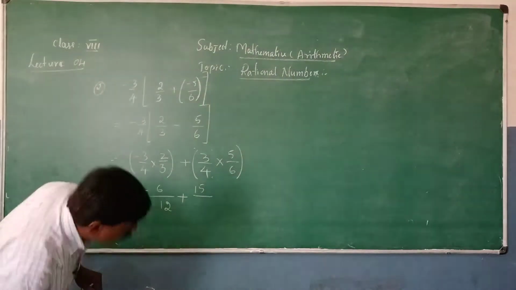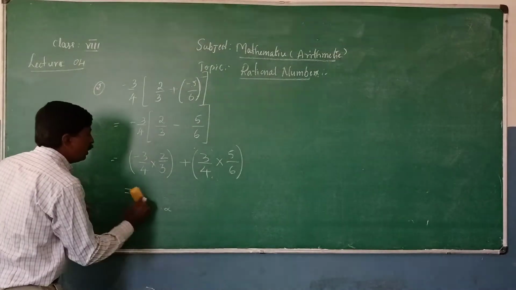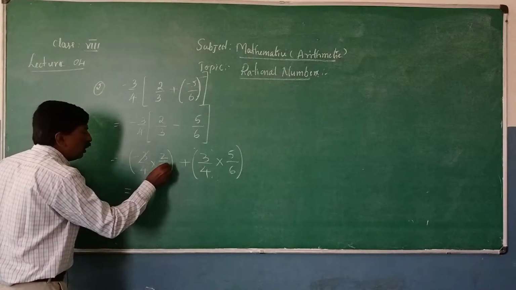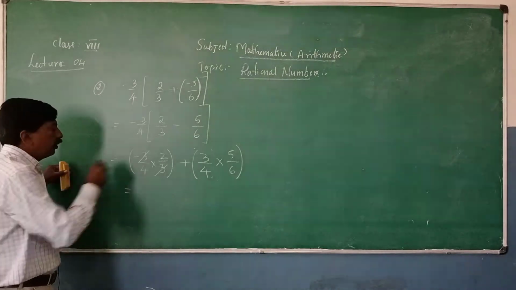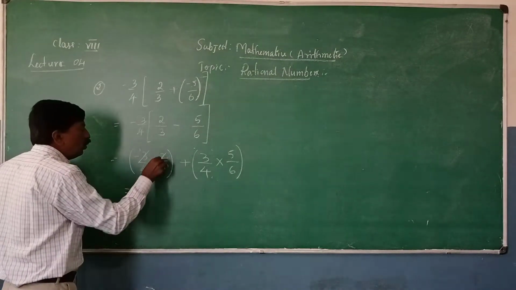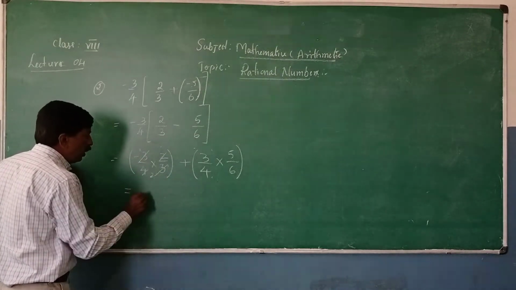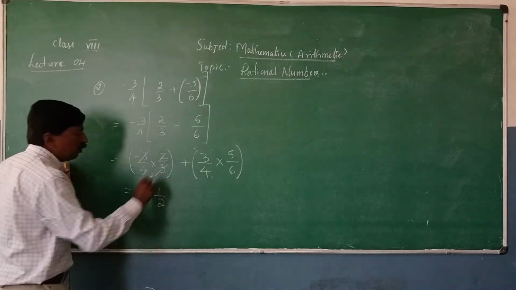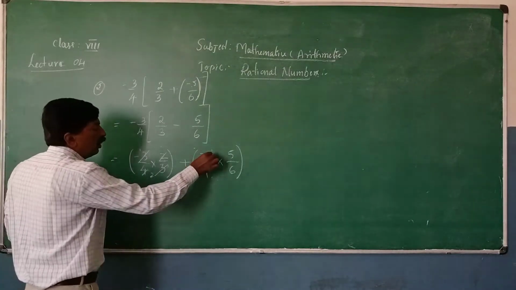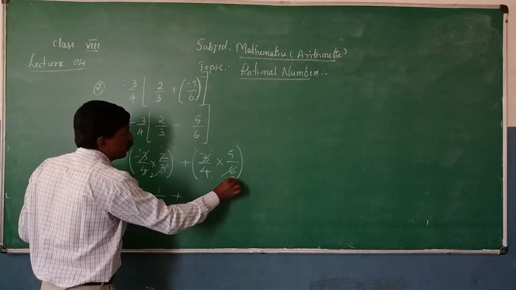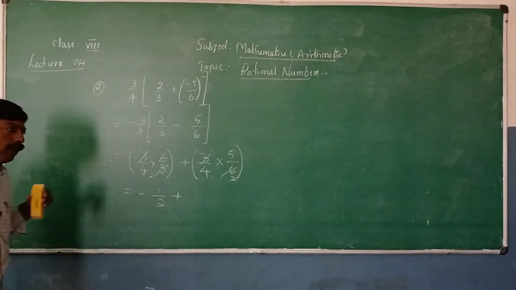Or here itself very easily you can simplify. 3 1s are 3, 3 1s are 3, 2 1s are 2, 2 2s are remaining, minus 1 by 2 plus 3 1s are 3, 3 2s are 6, because 3 is a common multiplier.